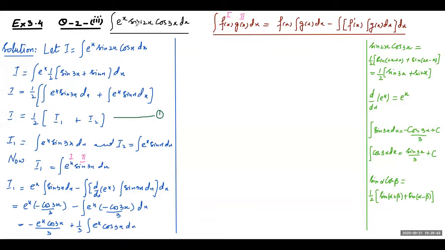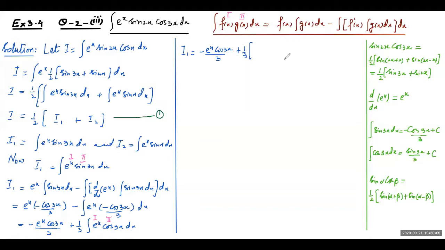Now again we perform integration by parts using e^x as the first function and cos 3x as the second function. We get I1 equal to minus e^x cos 3x by 3 as it is, plus 1/3, and then I put a bracket here.